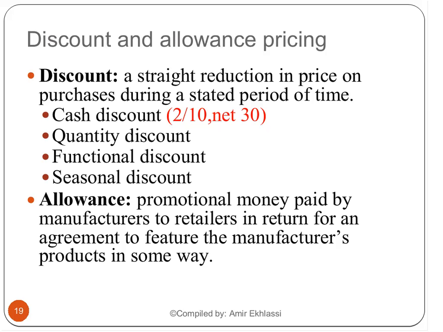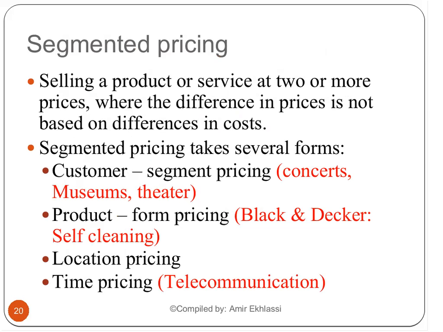And allowance sometimes also means you can return your products to manufacturers, so there are some facilities in this case. For example, if you bought 100 of something, maybe you can pay just for 81. This kind of allowance exists between manufacturers and retailers, and also between end users and manufacturers, in some products. It is a kind of pricing facility.